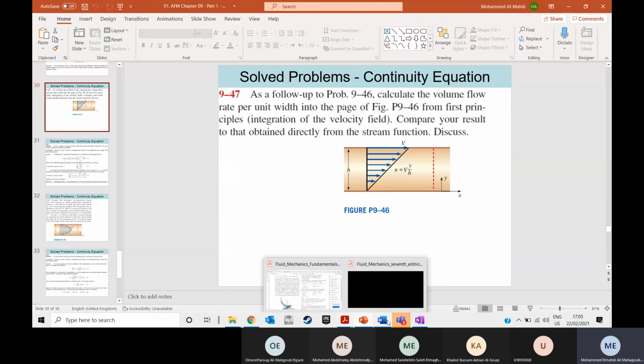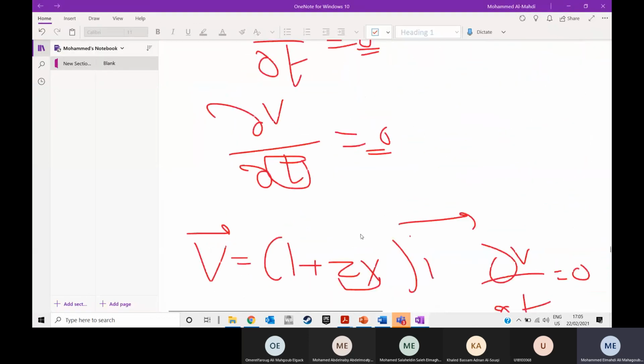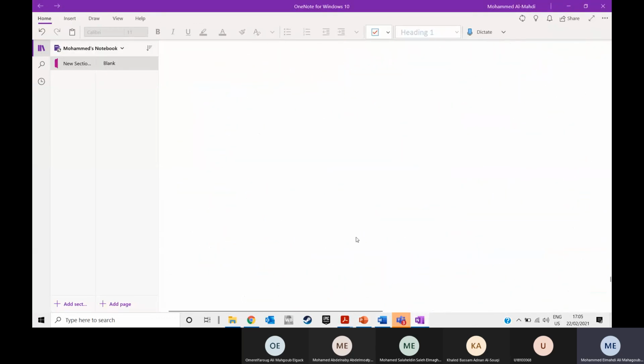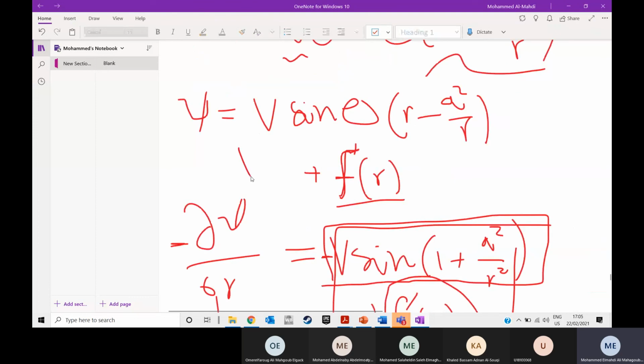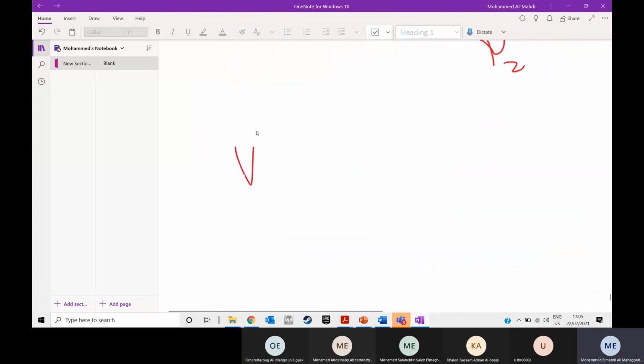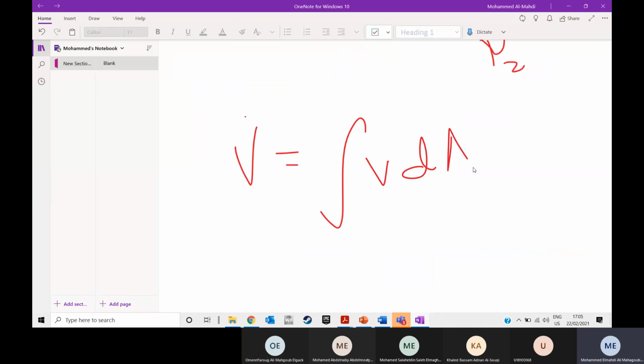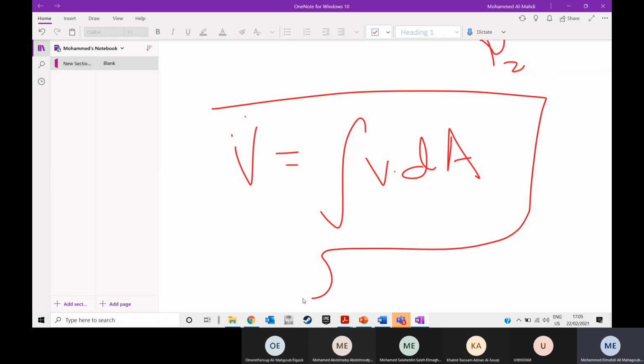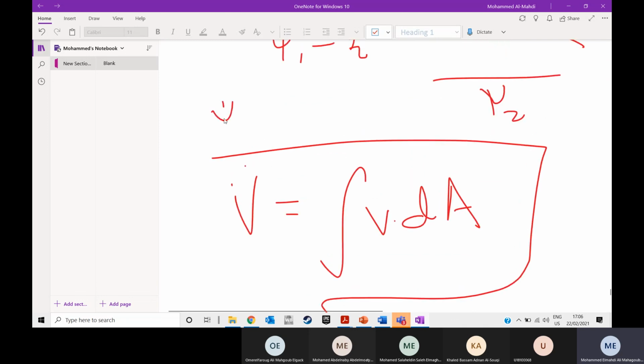The integral form for the volume flow rate is the integration of v dot dA. This is the integral form to calculate the volume flow rate. So you will prove that psi minus psi is equal to it, but here psi minus psi equals the volume flow rate per unit width.